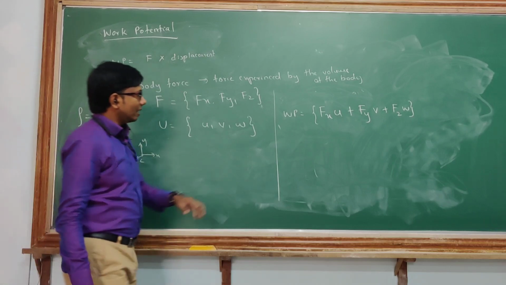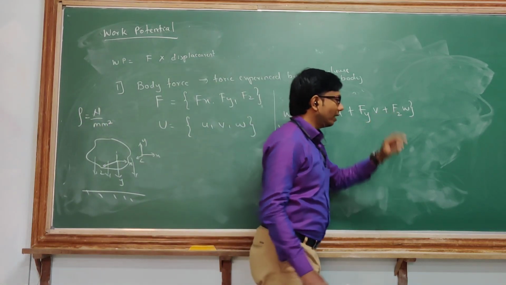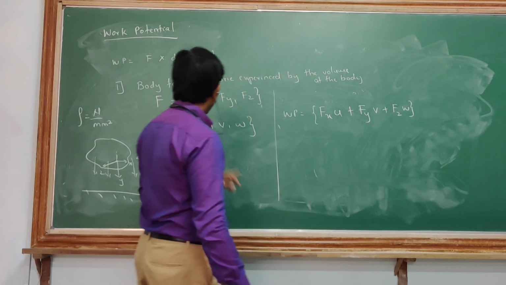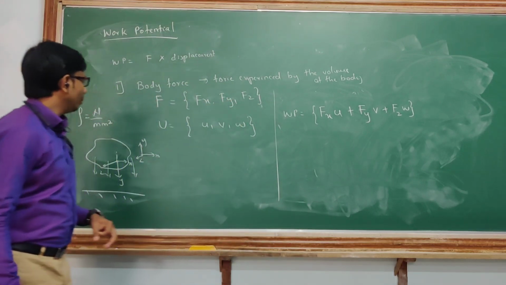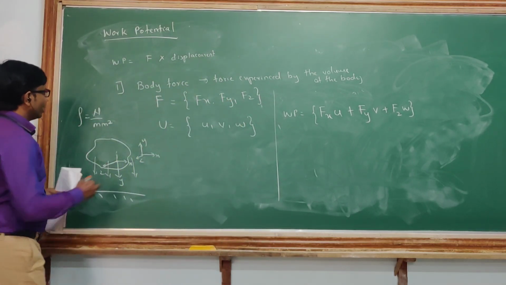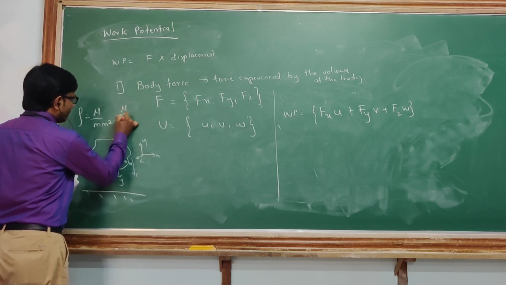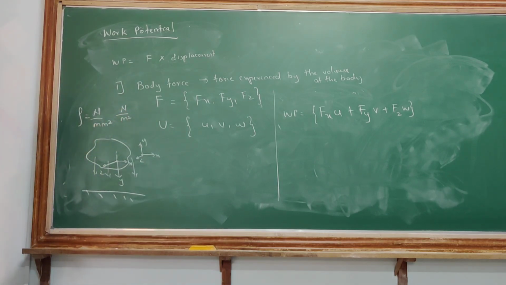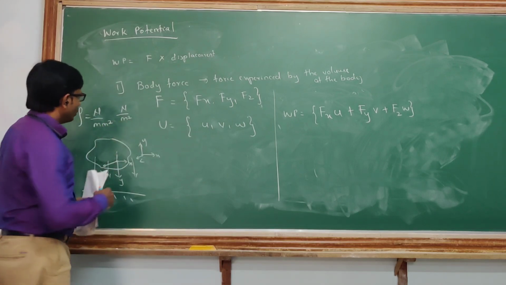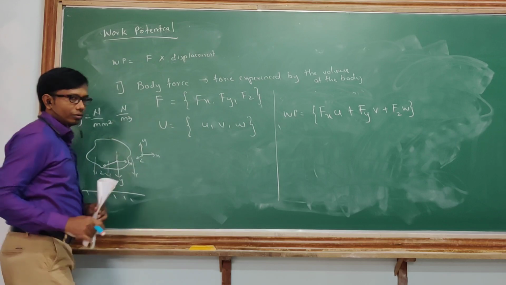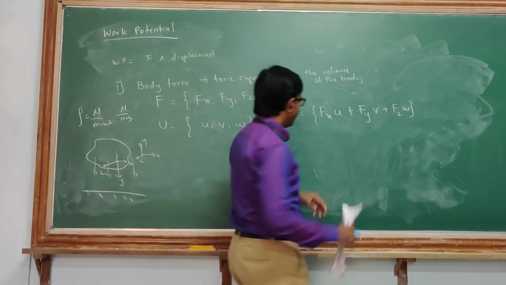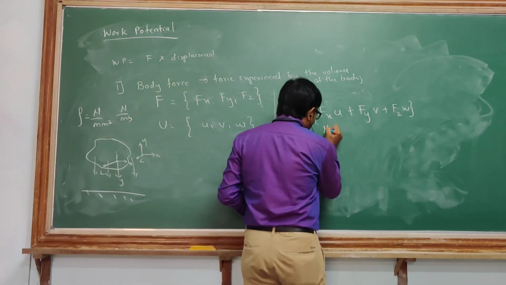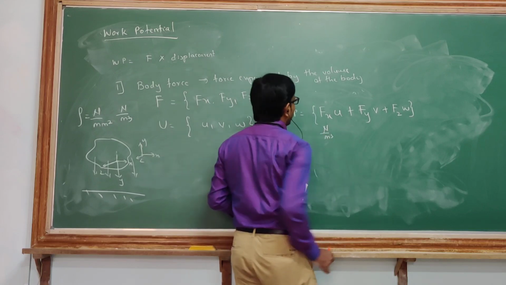So if I see, fx, fy, fz are body forces, written in terms of Newton per meter cube, which is the force experienced by the body per volume. It is Newton per meter cube, not square. And what is u?